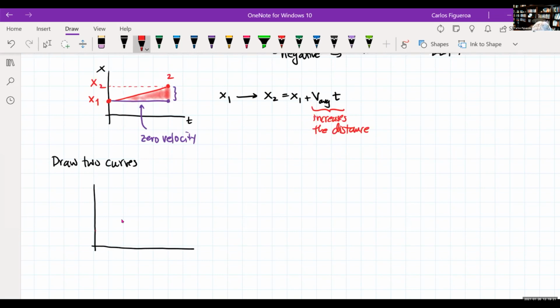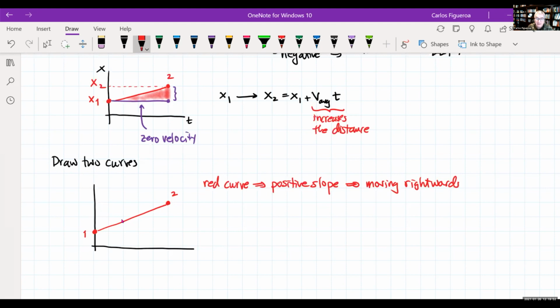So the red one says I start at 1, and then I'm going to go up to here, to 2. So my curve then looks like this. The red curve implies that you have a positive slope, which then implies that you're moving rightwards.